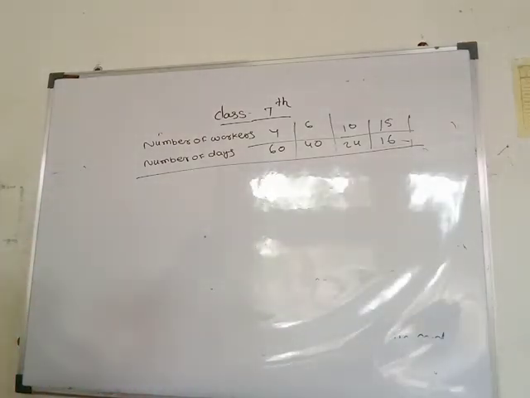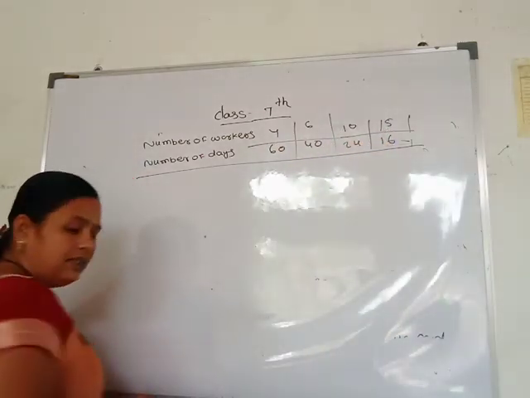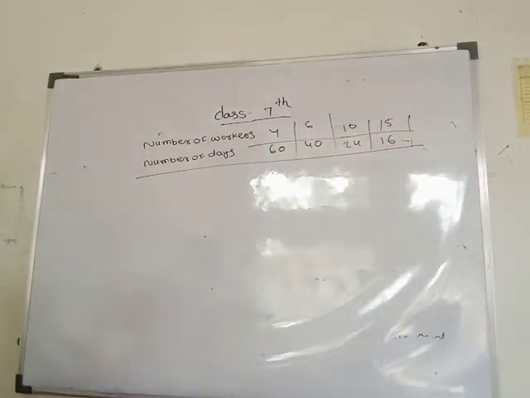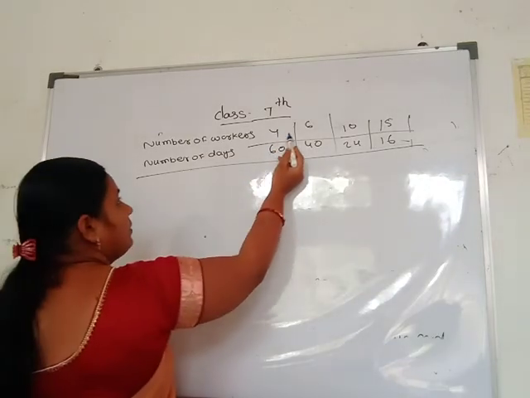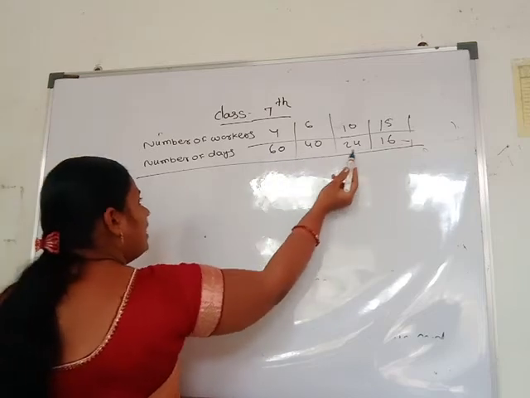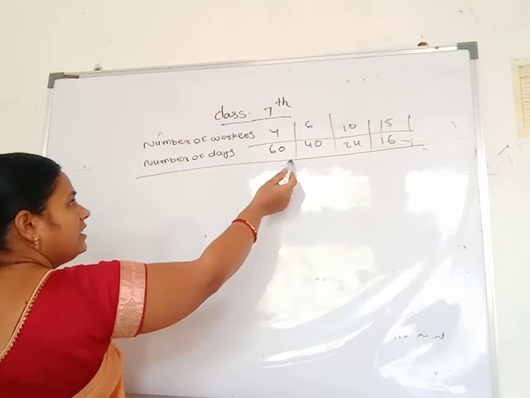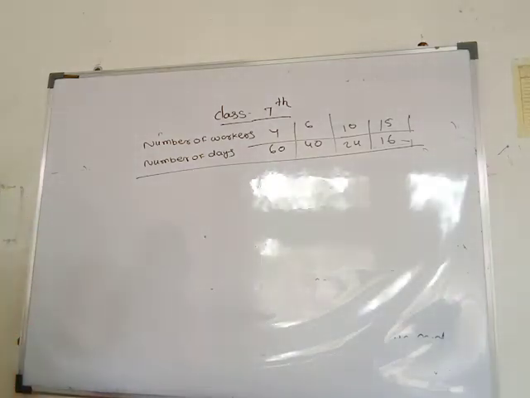As the number of workers increases, the number of days to complete a work decreases. Here the number of workers increases and the number of days decreases. When one quantity increases, the other quantity decreases, and this is an example of inverse proportion.